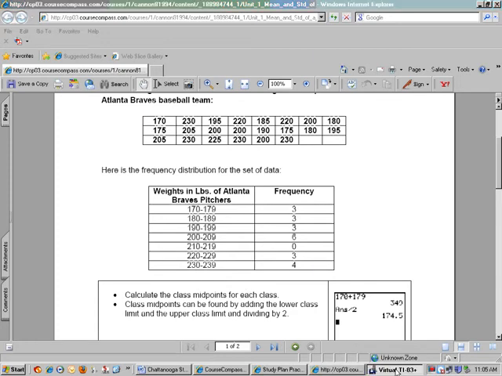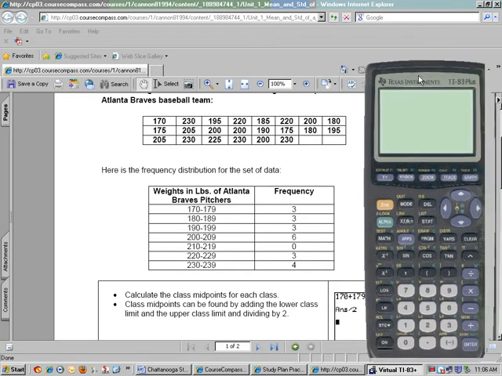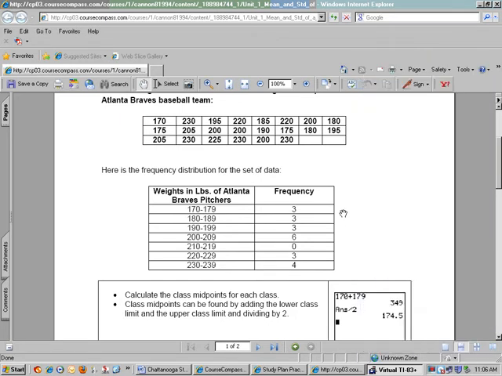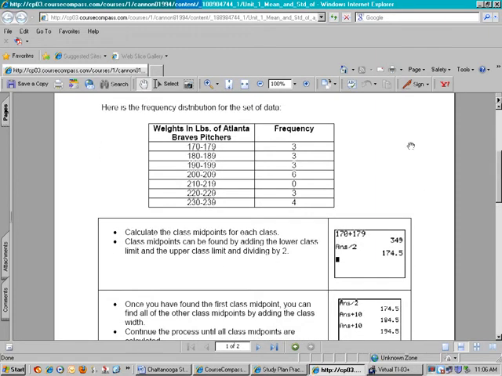So I want to call up my calculator, and we need to place values into our calculator. Now, to be able to find the mean and standard deviation, you first have to calculate the class midpoint. So I want to go through this in our handout. Remember, to find the class midpoints, you add your high plus the low in the class and divide it by 2.